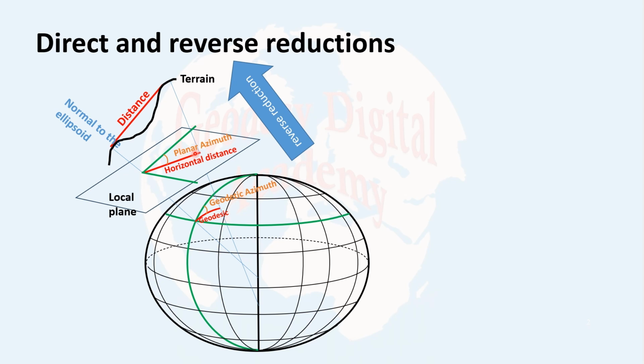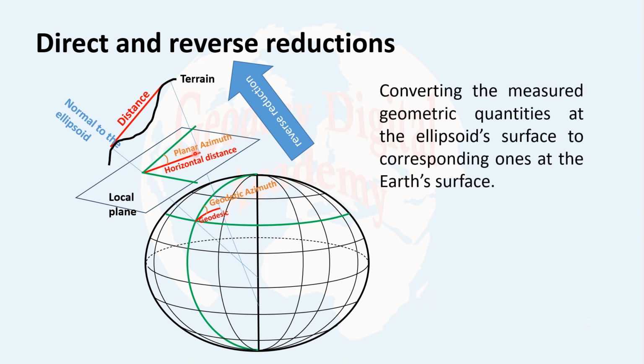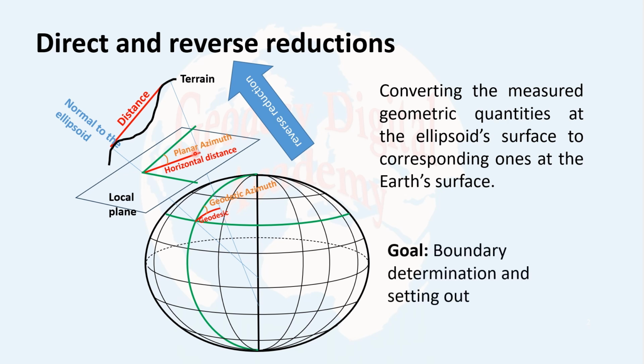So all this process, which is the opposite to the direct reduction, is called reverse reduction. Converting the measured geometric quantities at the ellipsoid's surface to corresponding ones at the Earth surface is called reverse reduction. The goal of reverse reduction is boundary determination and setting out.